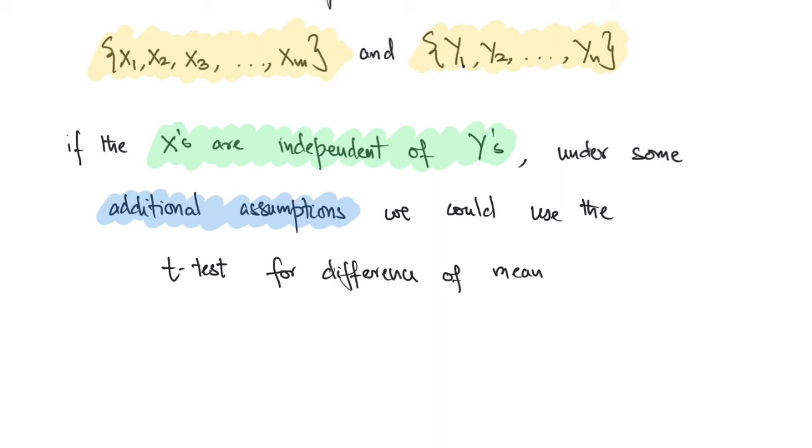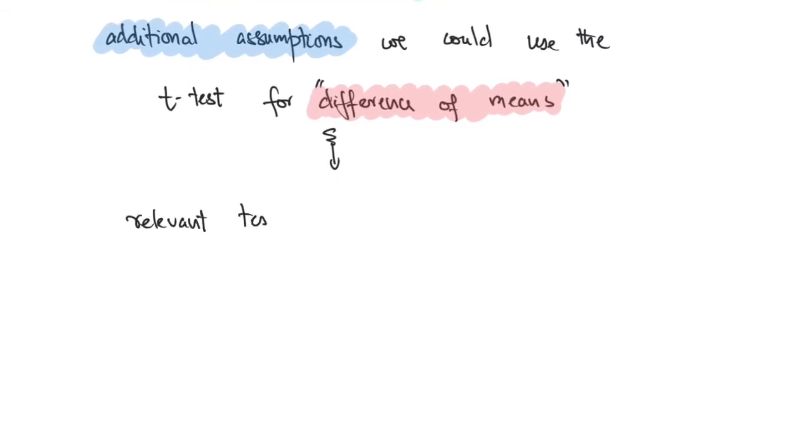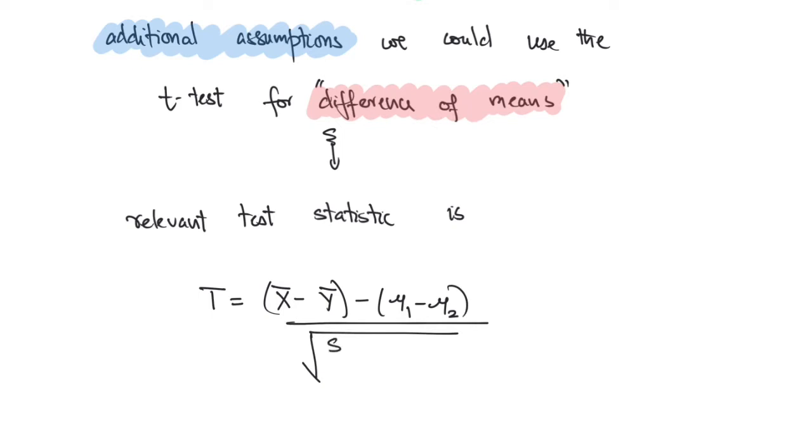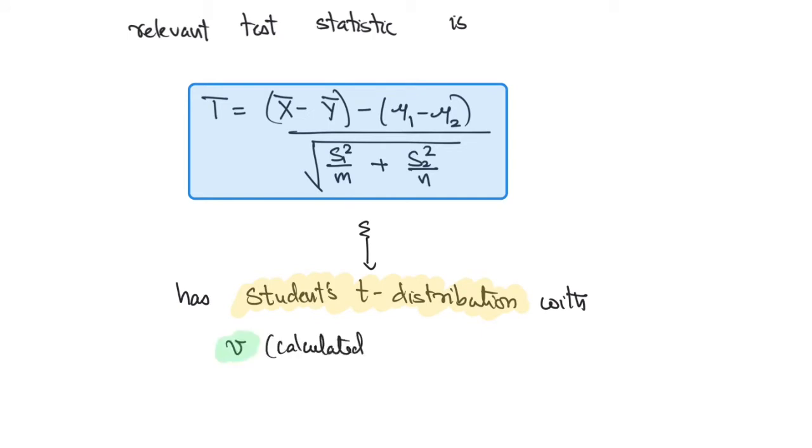The relevant test statistic in this setting is given by capital T equals x bar minus y bar minus (mu1 minus mu2) divided by the square root of s1 squared over m plus s2 squared over n. This statistic has the student's t distribution with nu degrees of freedom, and the formula for nu has been calculated earlier.